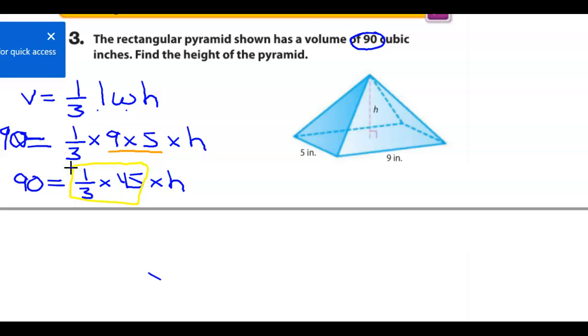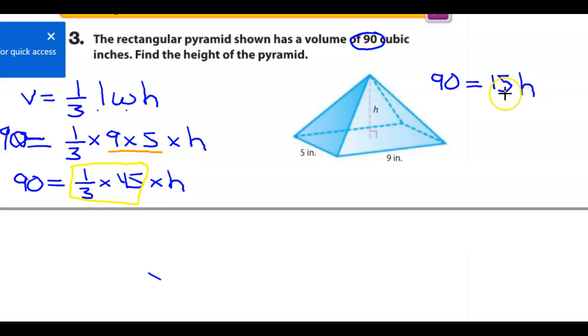So I'm going to rewrite the equation, keeping the 90 on the left. Now we have 1/3 of 45, so that's going to be 15. So 90 is equal to 15 times h. 15 times h is just 15h.